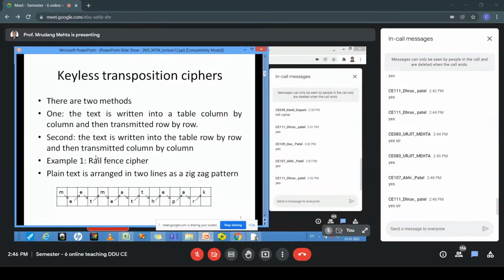So it is easy to discover the plain text if the number of columns is known, because Alice and Bob agree on the number of columns. If the number of columns is known to the person doing cryptanalysis, then it is easy to decipher the message.